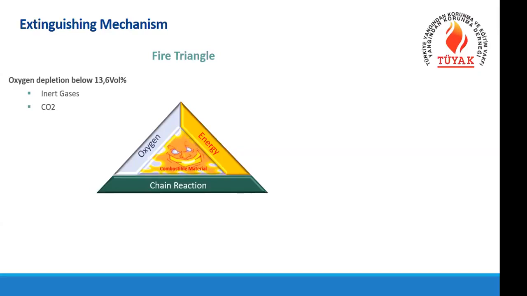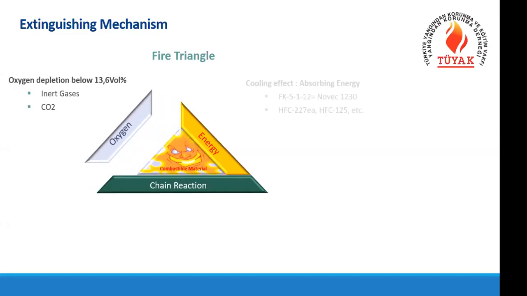So when this happens, we don't have enough oxygen for the chemical reaction of fire. So we can avoid fire, or after fire starts, we can stop the fire by reducing the oxygen by using inert gases and CO2.